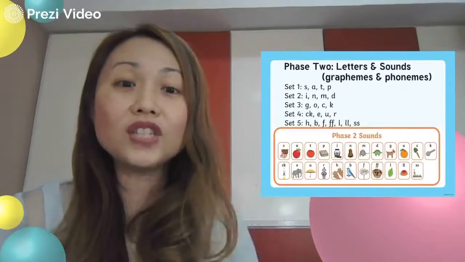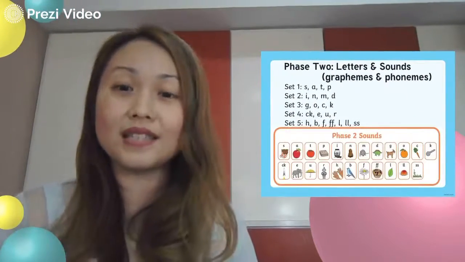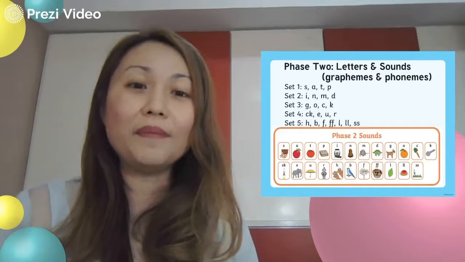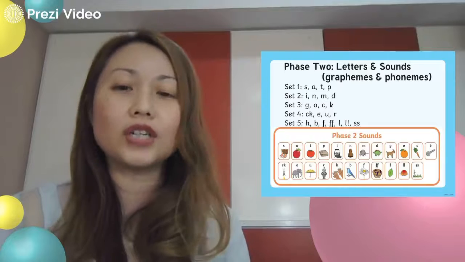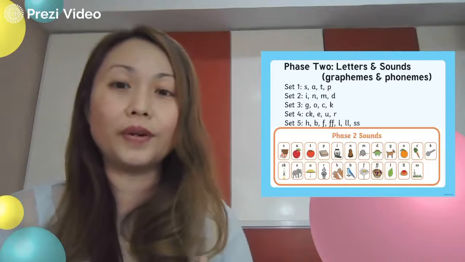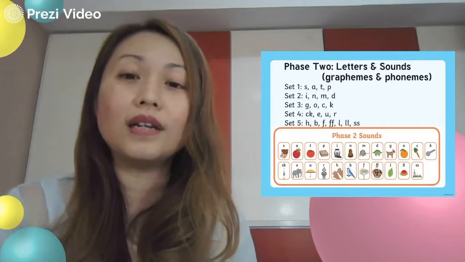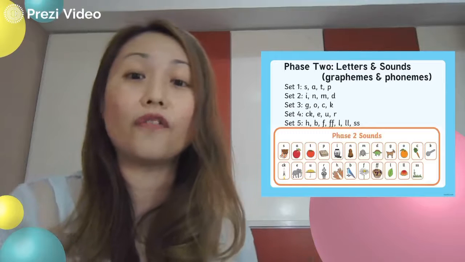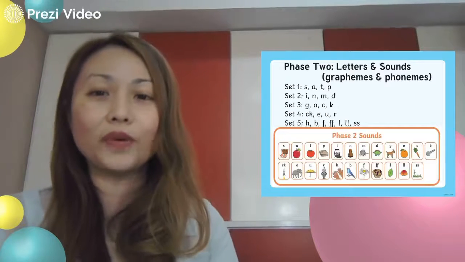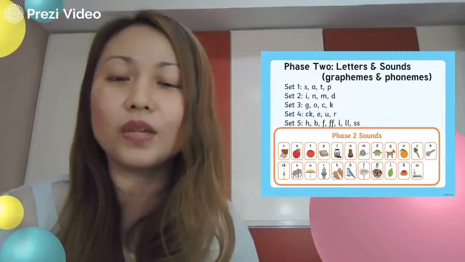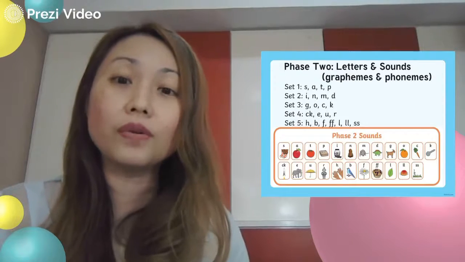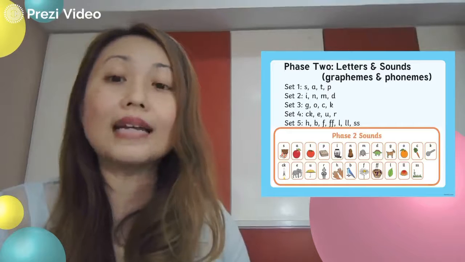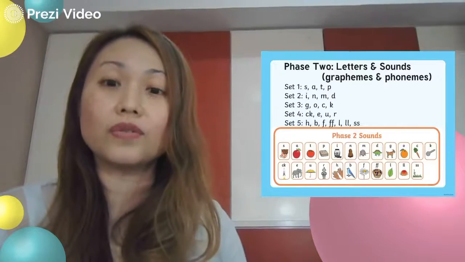Now, in phase 2, we will go through 5 sets of sounds, and we'll go through this really quickly. It's basically just matching the sounds to the letters. In other words, it is graphemes and phonemes. Those are just fancy words. If you notice at the bottom, these are the 19 sounds, 19 representations of these sounds.